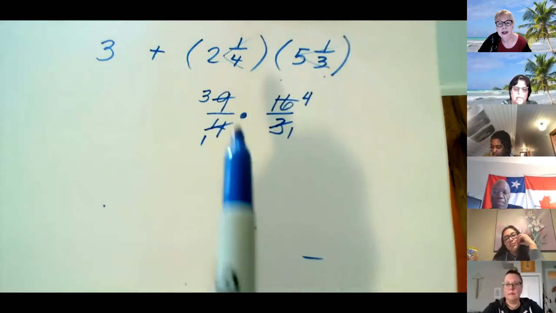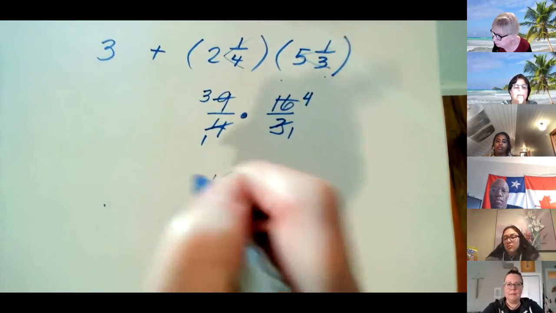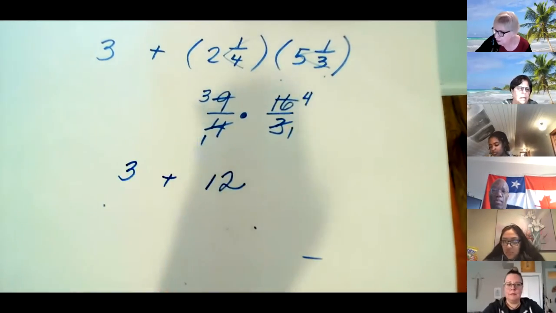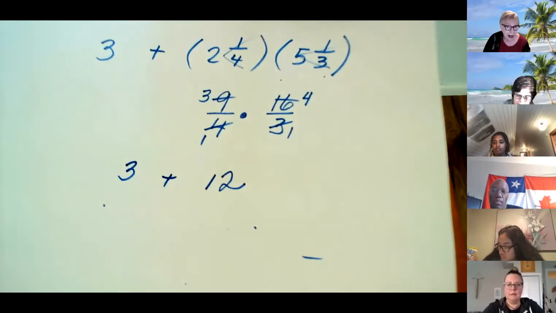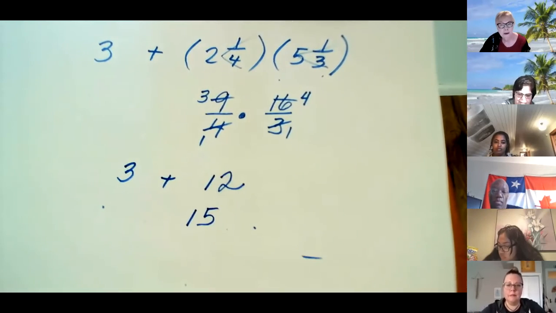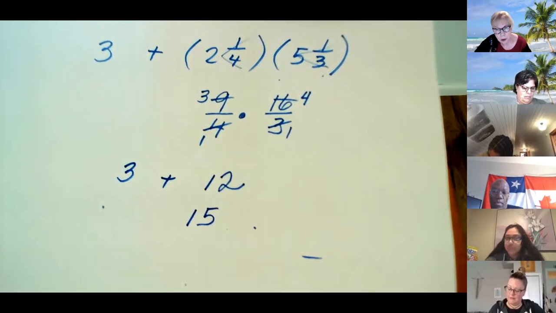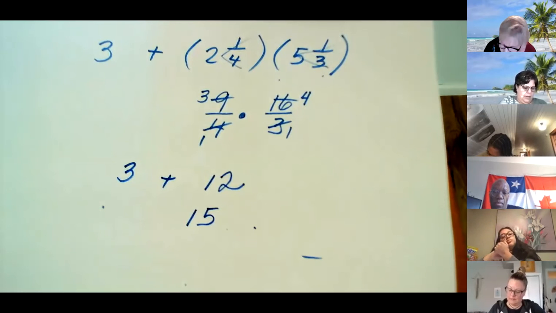And when I canceled it, 3 times 4 is 12. At the very, very end, I add. And so then my final answer would be 15. Okay? So this had add, but it also had multiply. And the multiplication is done before the adding.